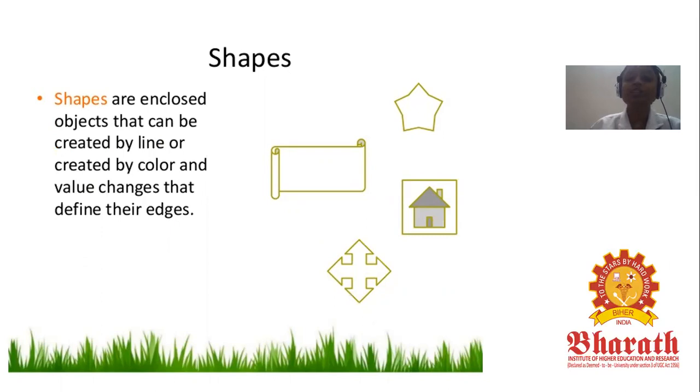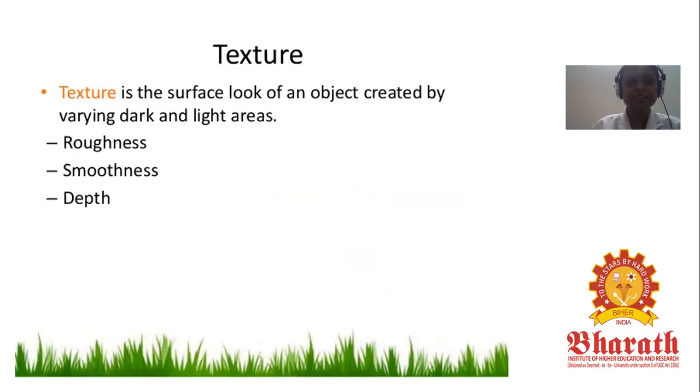You can use the shapes depending upon your images. Texture. Texture is the surface look of an object created by varying dark and light areas. It depends on three main points: roughness, smoothness, depth.